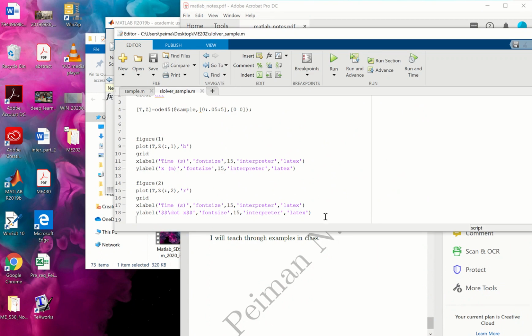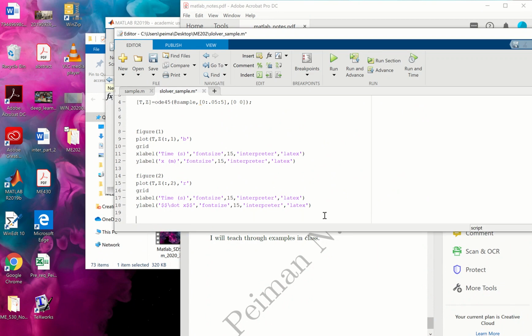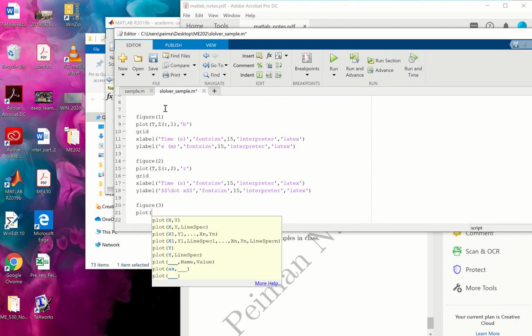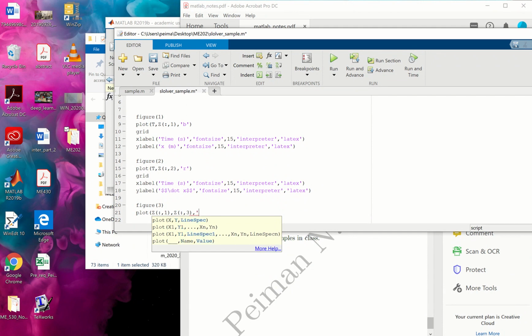But we have another kind of plotting in MATLAB, guys. Figure 3. Instead of plotting your position and velocity versus time, you plot them versus each other. The name of this plot is phase plane. In nonlinear dynamics and control and stability analysis of systems, it's very interesting.